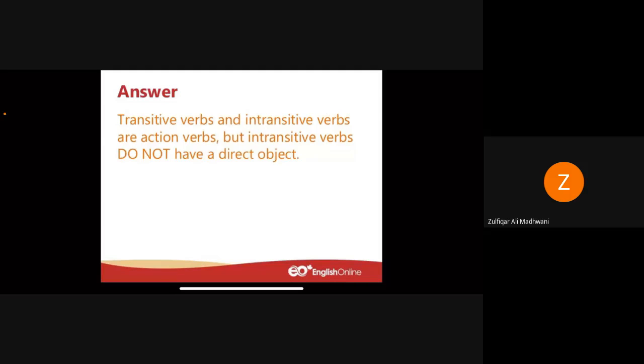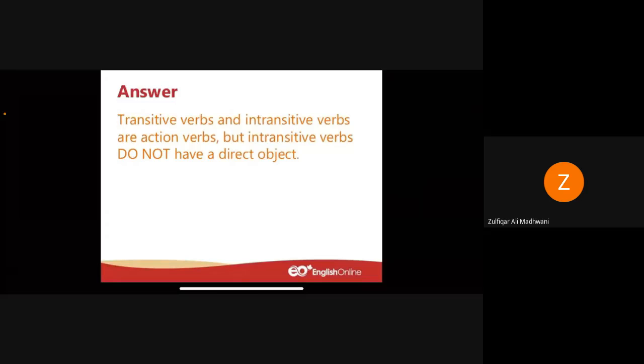Yes, Madhvani, what did you say? I am is the subject. Yes, Ludo is the object. Very good. I is the subject because I am doing the action of playing. Playing is the verb. The object is Ludo, as she said.